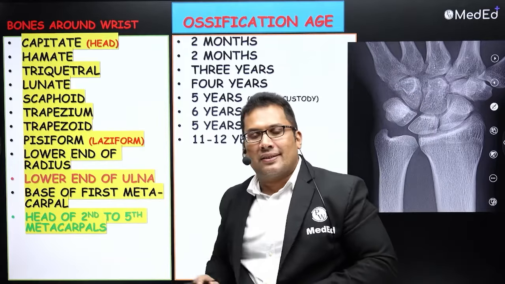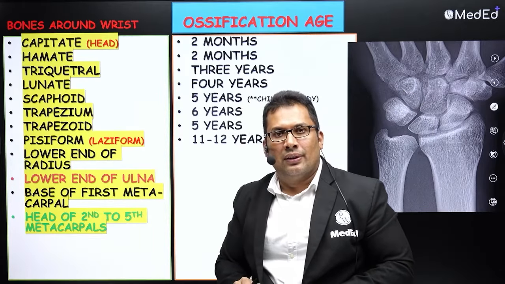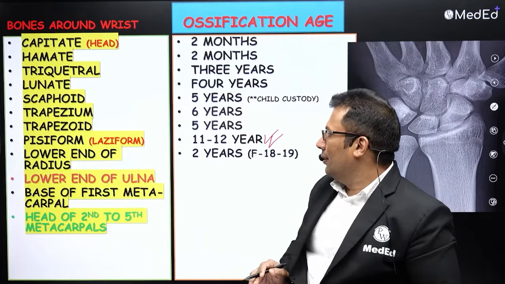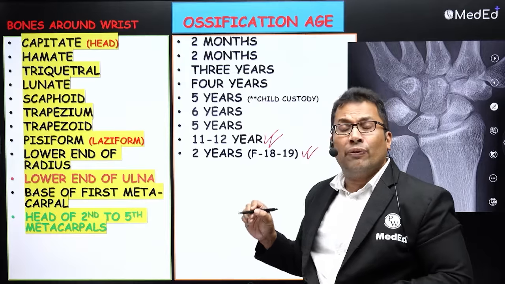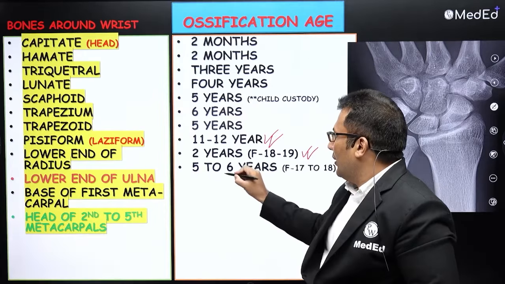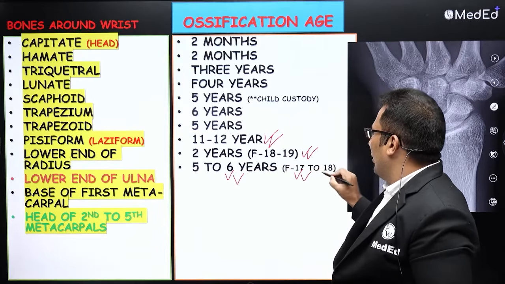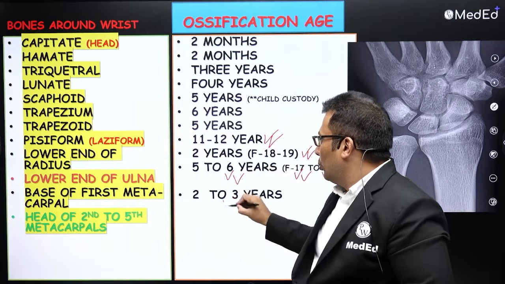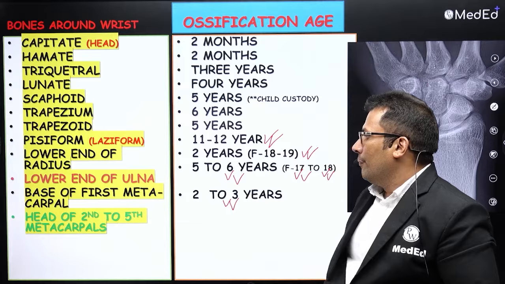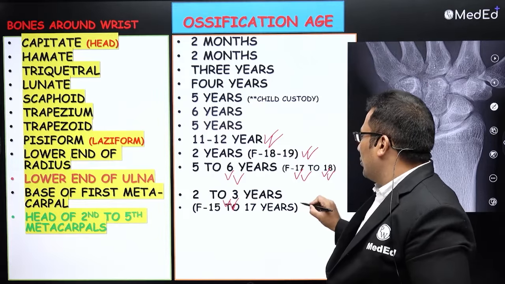Lower end of radius appears at 2 years, fusion 18 to 19. Lower end of ulna, 5 to 6 years, fusion 17 to 18. Base of first metacarpal, 2 to 3 years, fusion 15 to 17 years.